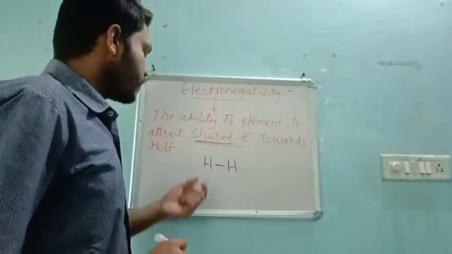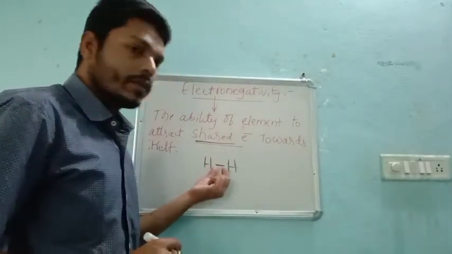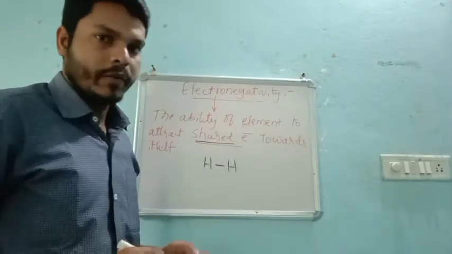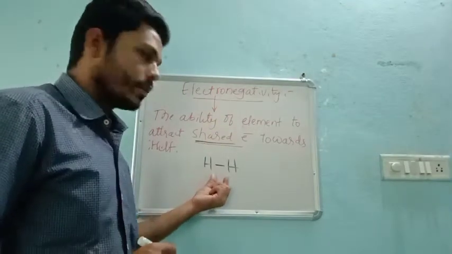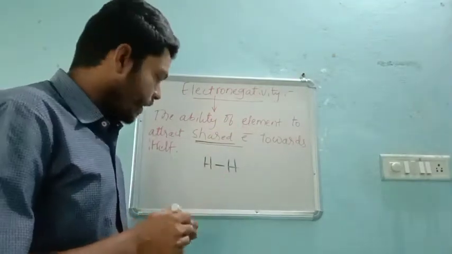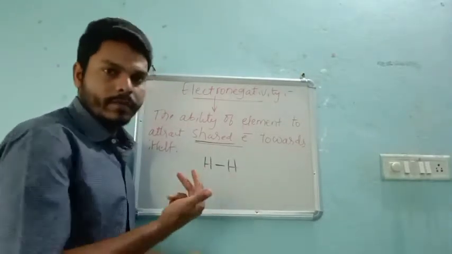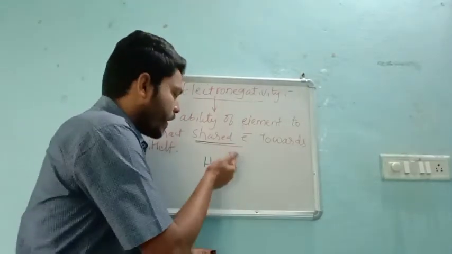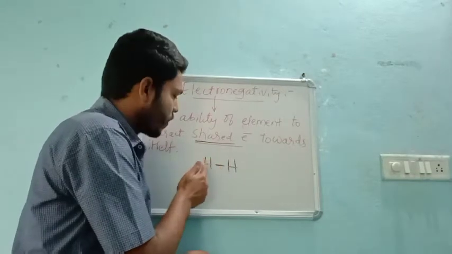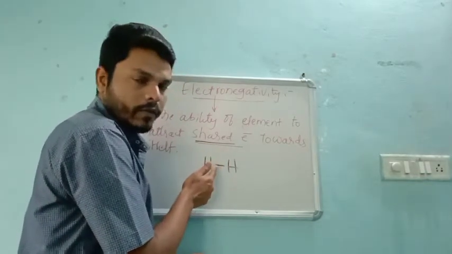Now, forget about electronegativity. Just consider that for the formation of a single bond between these two hydrogens, this hydrogen might have donated one electron, or this hydrogen might have donated one electron.